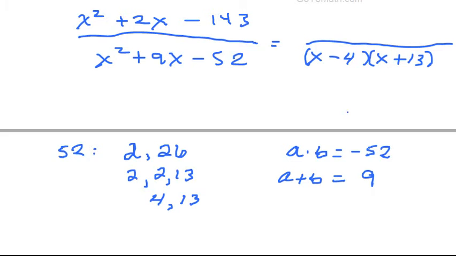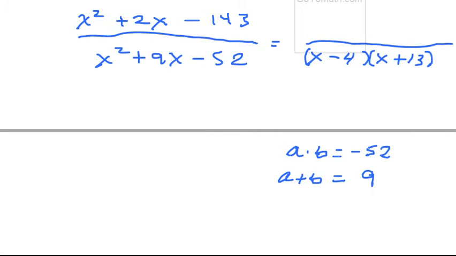Okay, I was just checking some work there. Normally I don't like to erase my work, but we're going to erase that, and erase this over here too. So we're focusing now on 143.